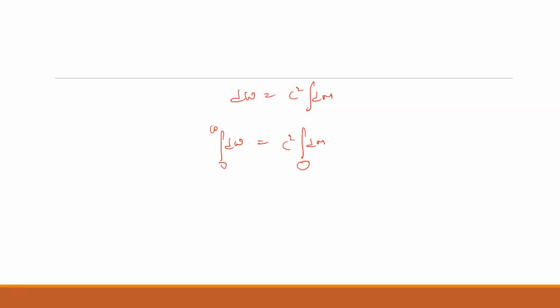Then you collect all the particles and make an object, but that object is not moving, so the upper limit will be m naught. So w is equal to c square m naught. This work done will appear in the form of rest mass energy, m naught c square.